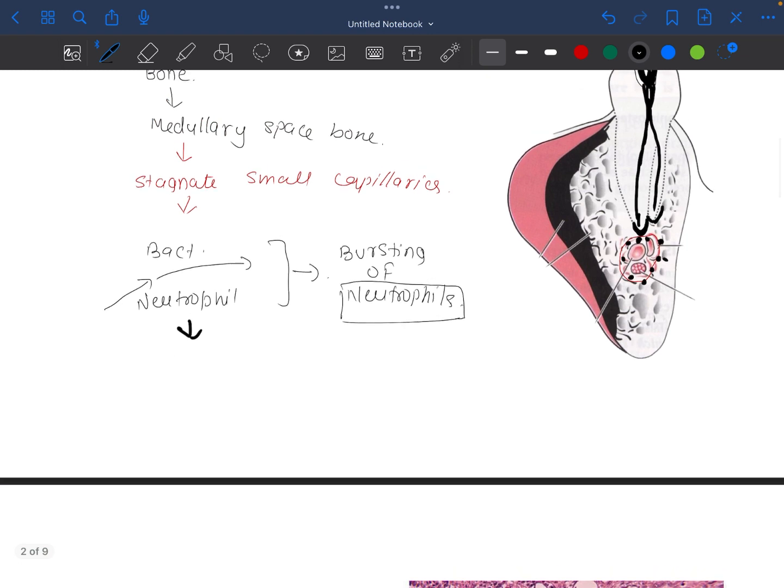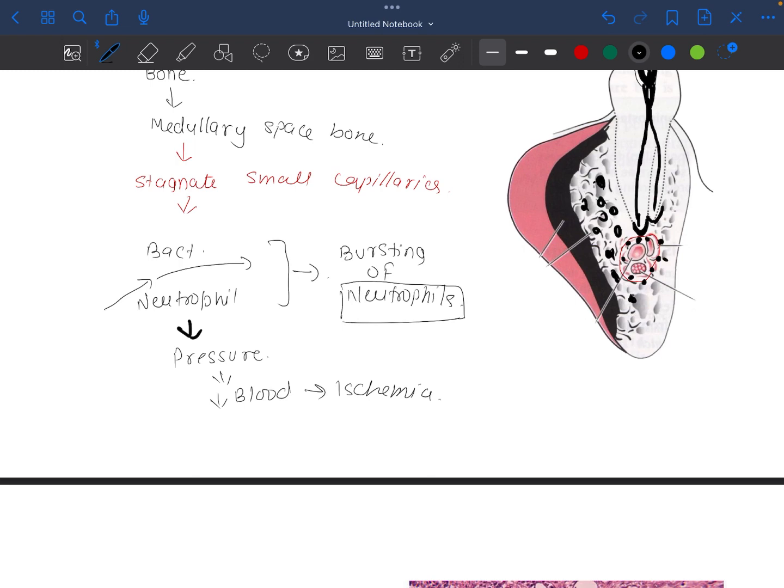It will again cause pressure. And because of this pressure, because of all of this death and pus, the blood supply to your bone is cut off, right? So it will cause decreased blood supply, basically meaning ischemia.